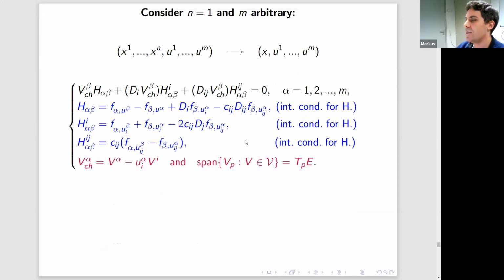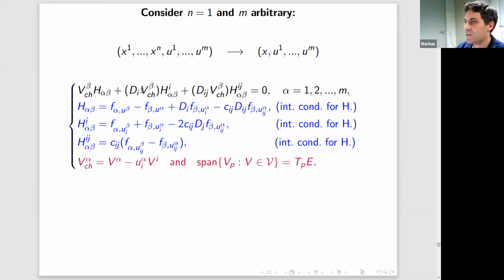And here it is written again. Nothing basically changed, but what I want to present to you now is that I set n equal to 1. So there's only one x coordinate. It's basically a case of ODEs, because otherwise it's getting even more technical. So u is still vector valued, and there's only one x coordinate.